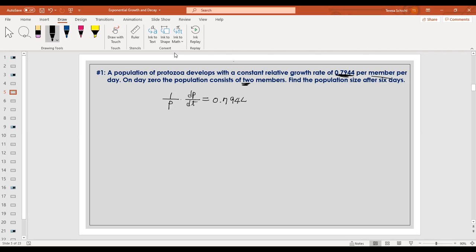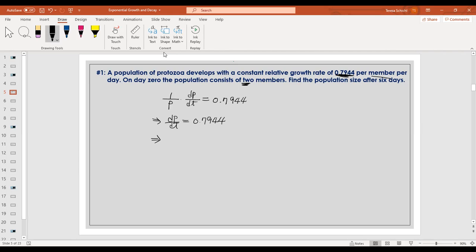When we discussed exponential growth and decay, we said if you take integration on both sides, and I know we did not talk about integration yet, so we just need to remember this formula.